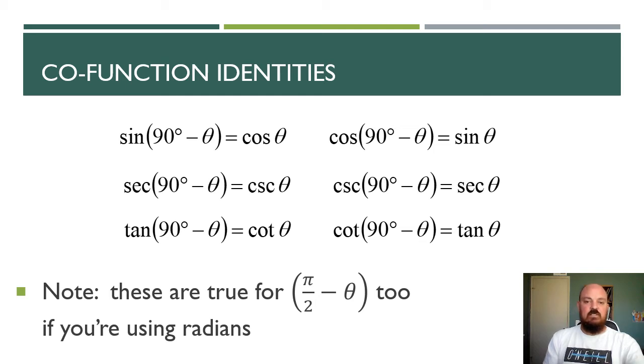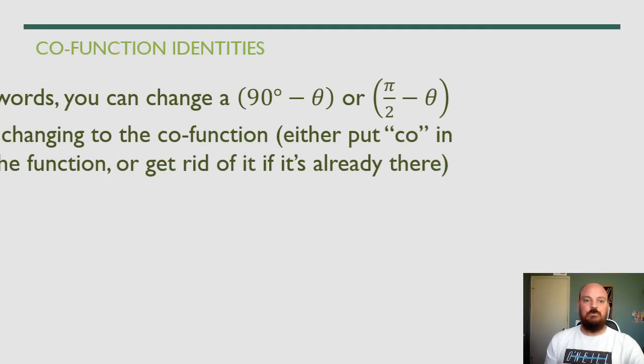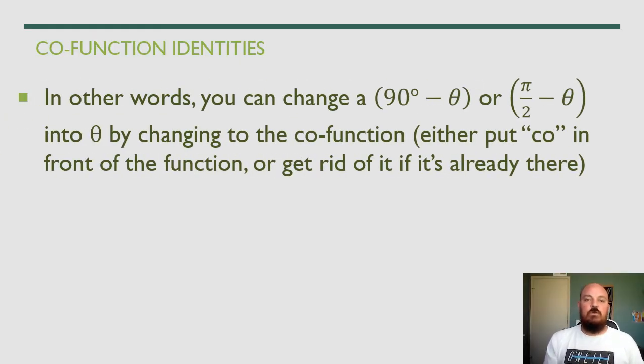So what I like to do is take these math book type rules, show them to you, but then put it into words. So here's how I think of the cofunction identities.